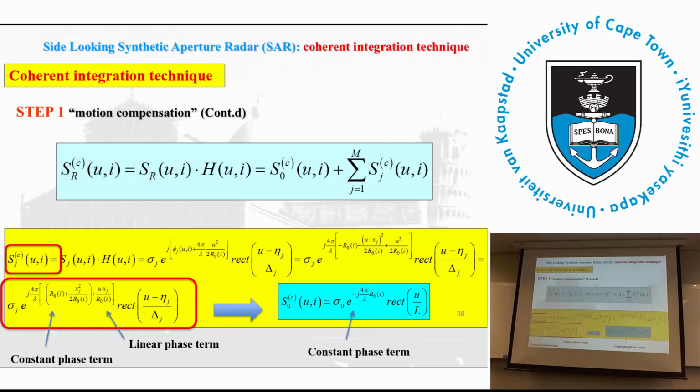What happens to the rest though? There's also this part of the signal here. If you look at the rest of the signal, I get a constant phase term and a linear phase term that changes according to u.